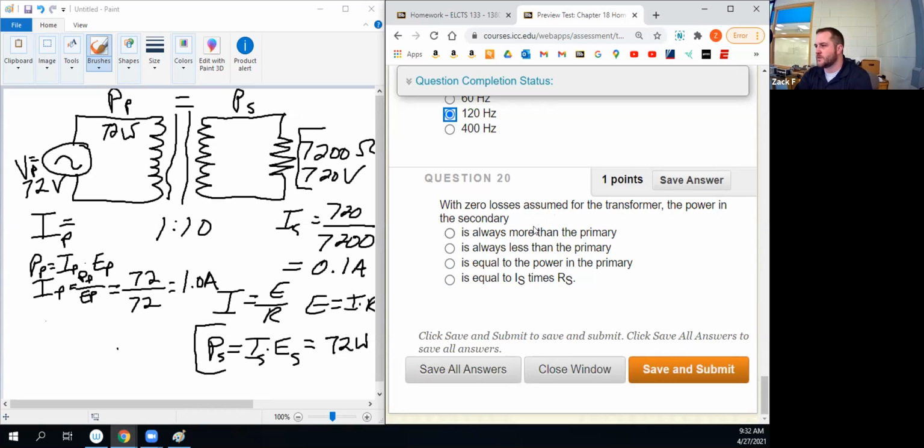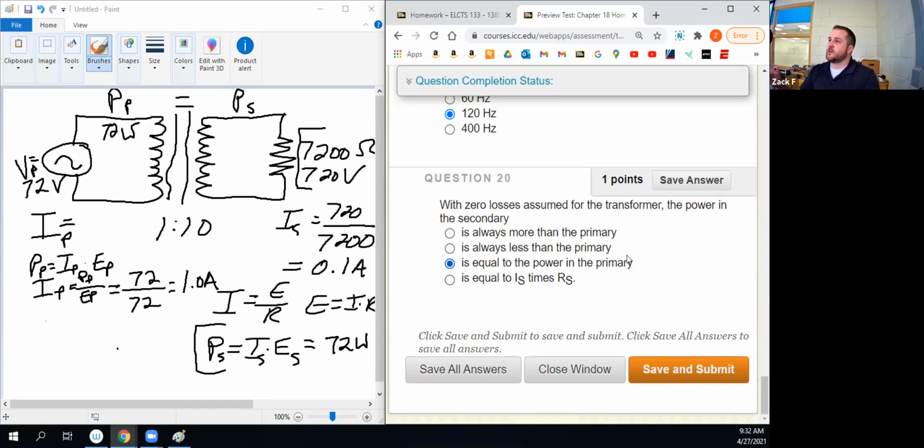With zero losses assumed for the transformer, the power in the secondary, assuming zero losses, is always equal to the power in the primary.